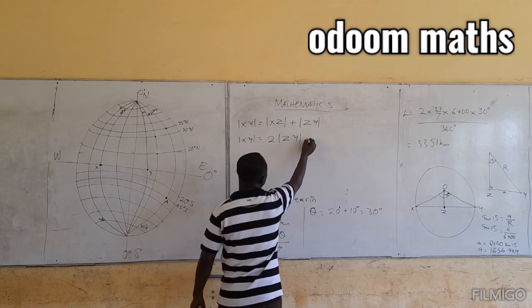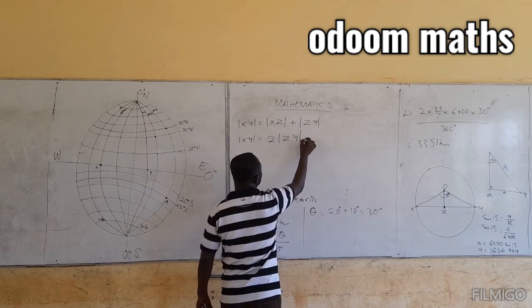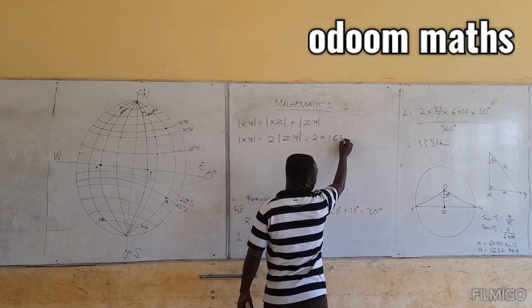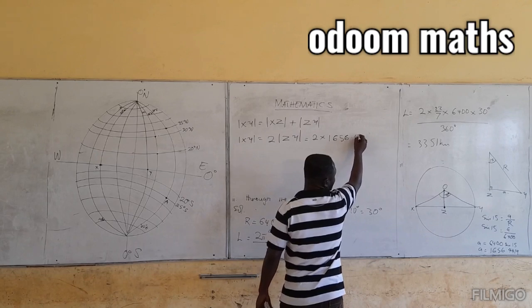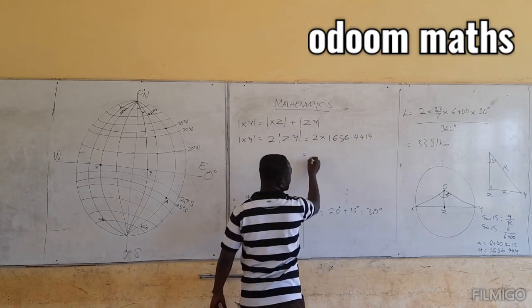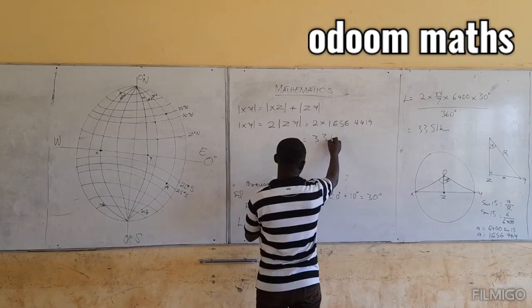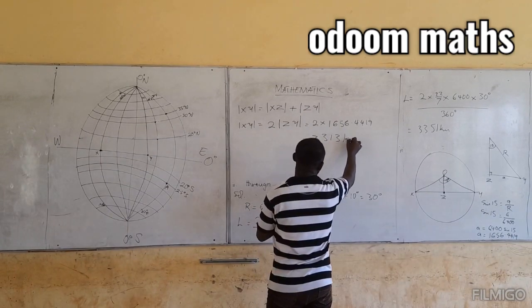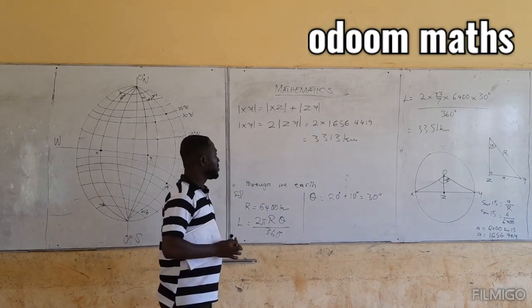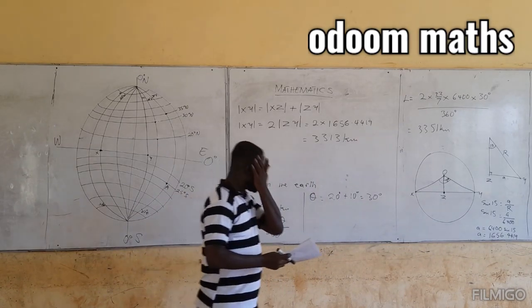So that is going to be 2 times 1,656.4419, which is 3,312.8838 kilometers. Maybe you have to get 3,312, depending on how many decimal places you have.